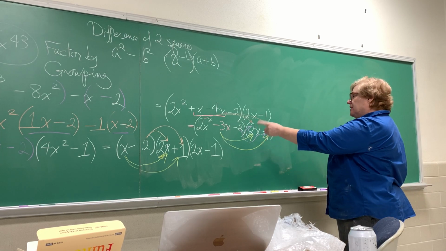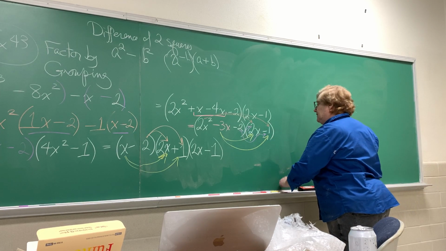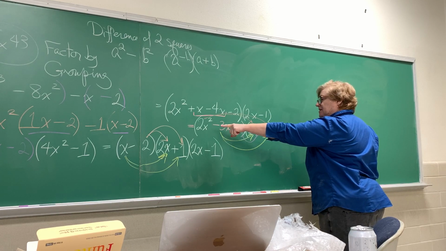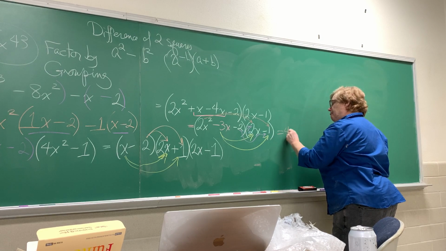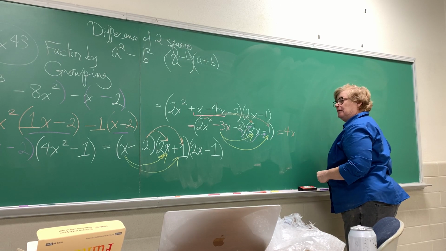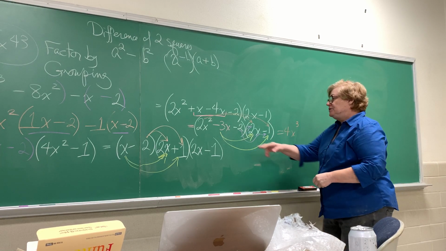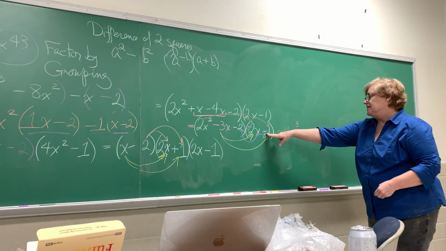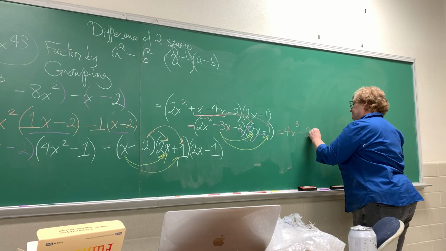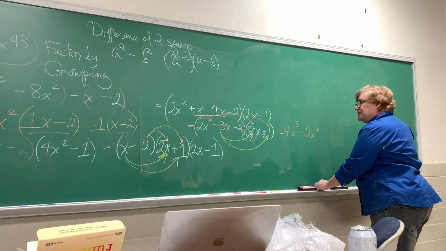So let's see, we're starting with the red. 2x squared times 2x. 4x, how many x's do we have? 3. 2x squared times negative 1. Negative 2x squared. All right, good.